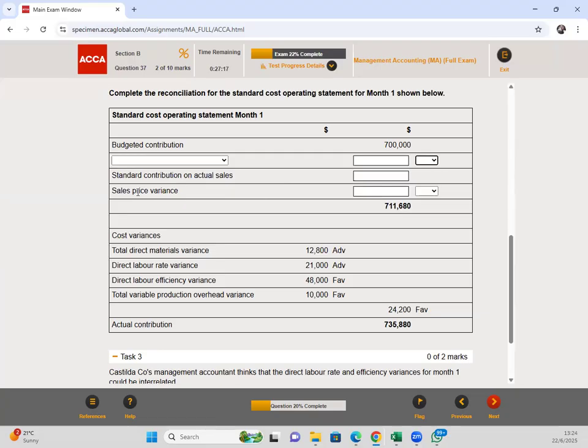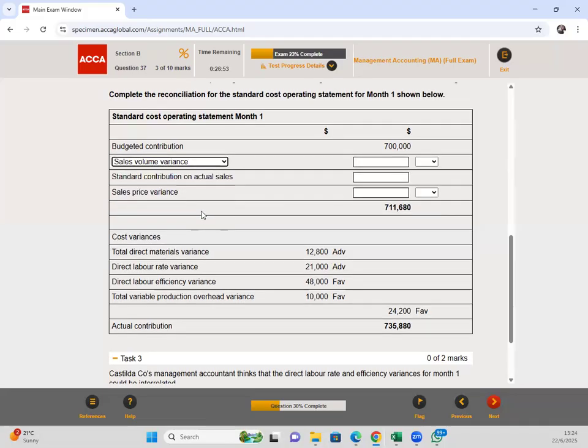Here we have the contribution, the standard contribution on actual sales, price variance. I think this is a reconciliation of sales variances. So this one should be sales volume variance. The total is 711.